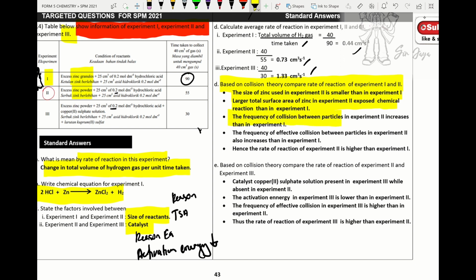The frequency of collision between particles, or we can put between zinc atoms and hydrogen ions, in experiment 2 increases compared to experiment 1. The frequency of effective collision between particles in experiment 2 also increases. Hence, the rate of reaction of experiment 2 is higher than experiment 1.